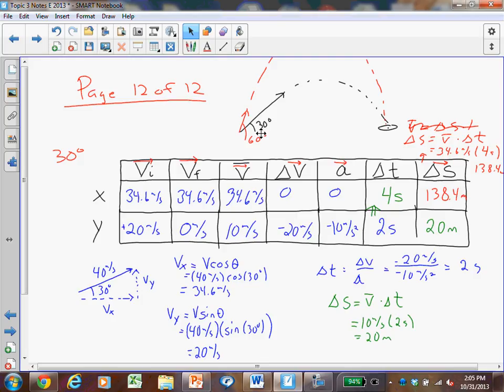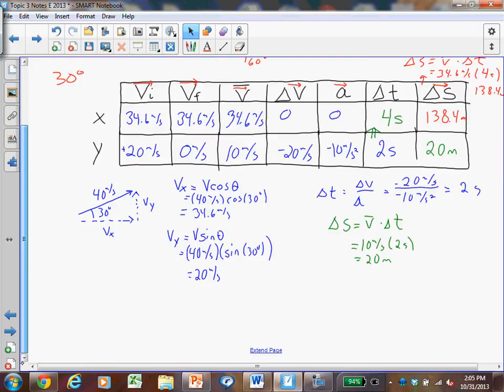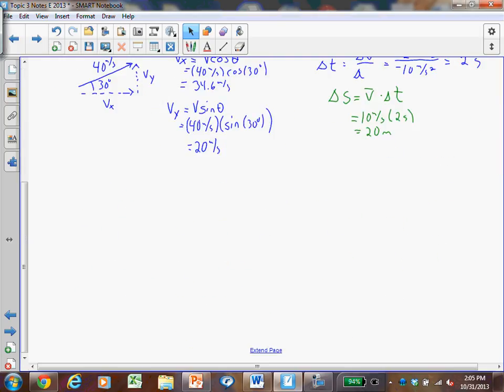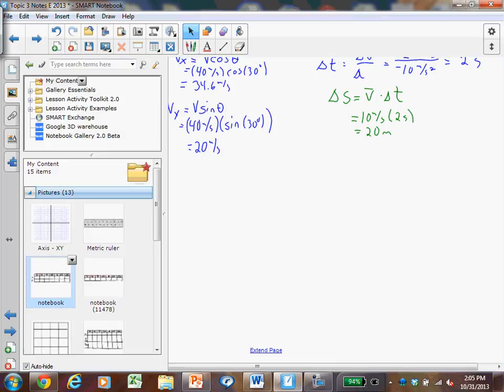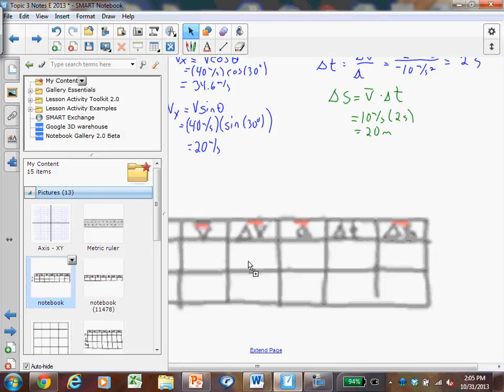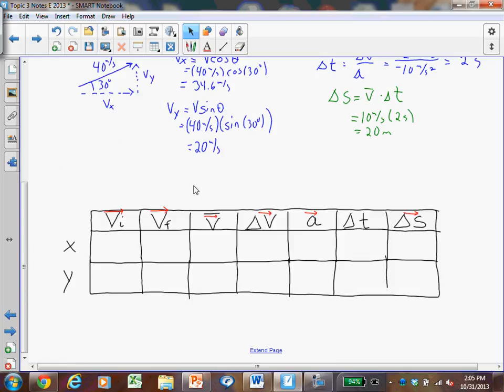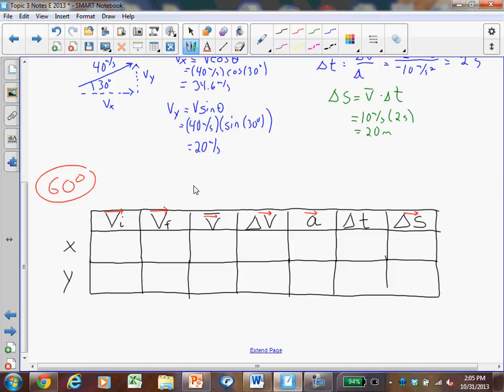The time should be different. But let's see if that x is the same. So we'll look at 60 degrees. Now that would be how many charts down for you? Yeah, because we got 10, 30, 45, 60. So the second one from the bottom is 60 degrees.